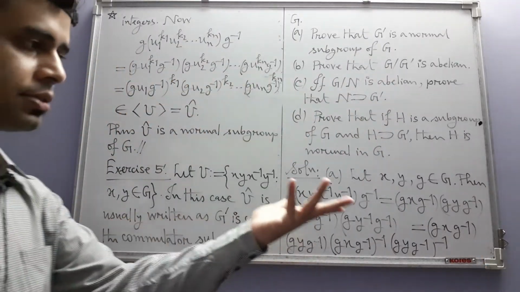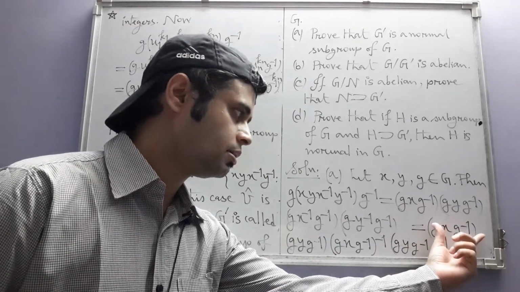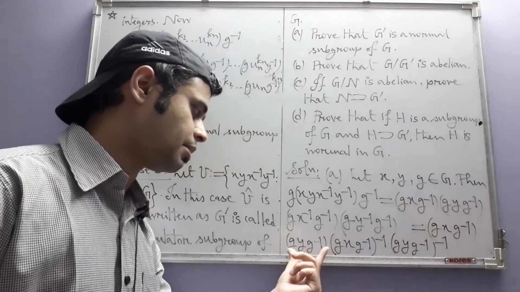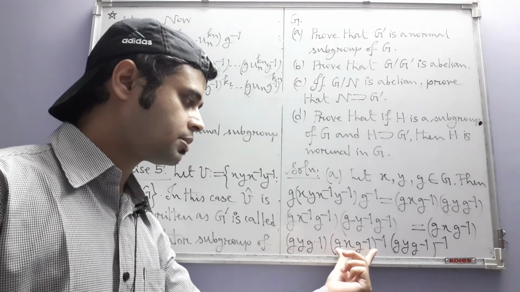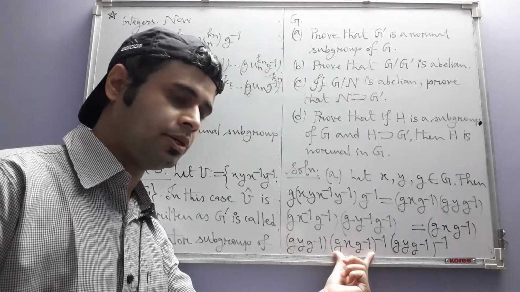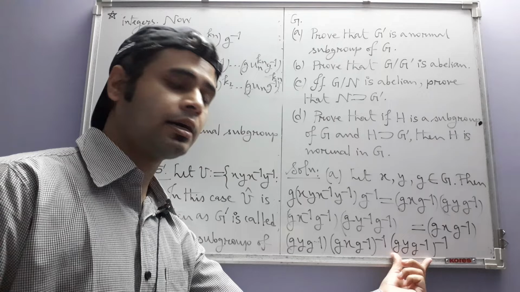Now you look at this final product, which is some element times some other element times the inverse of that first element times the inverse of that other element.